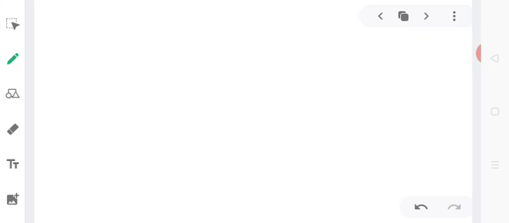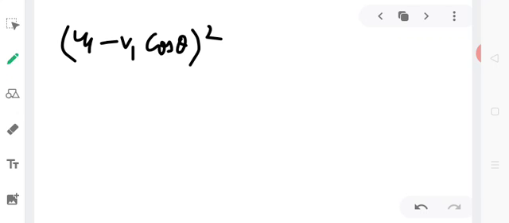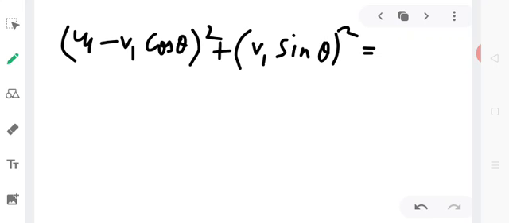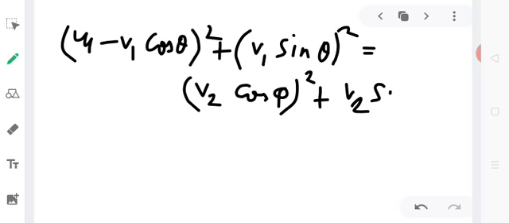and 3, we get (u1 minus v1 cos of theta) whole square plus (v1 sin theta) whole square equal to (v2 cos of phi) whole square plus (v2 sin of phi) whole square. So let's do the expansion.